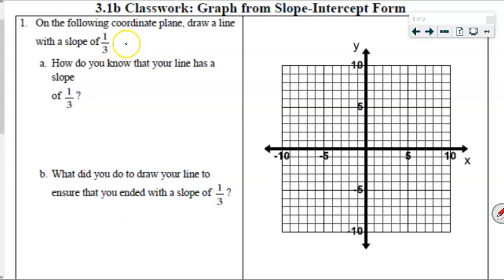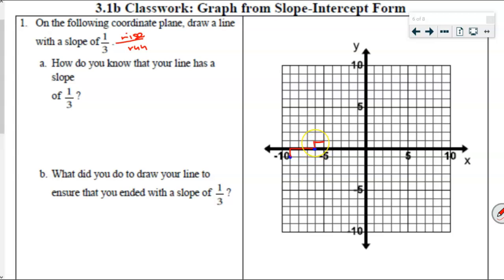All right, here's me going through this exercise. It says a slope of 1/3, and I hear slope, so I think rise over run. So wherever I start, let's make this my starting point, I want to make sure that I have a rise of 1 and a run of 3. And I'm going to continue that process until I get a few good crosshair points to draw my line.